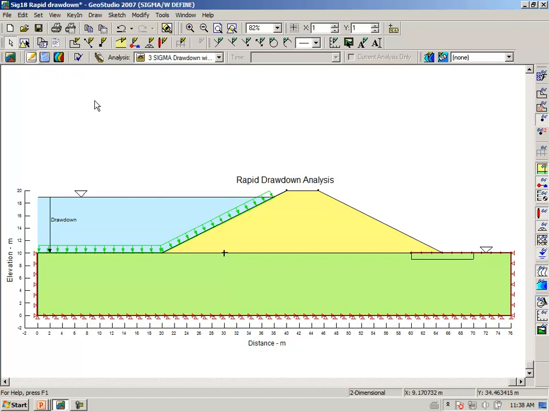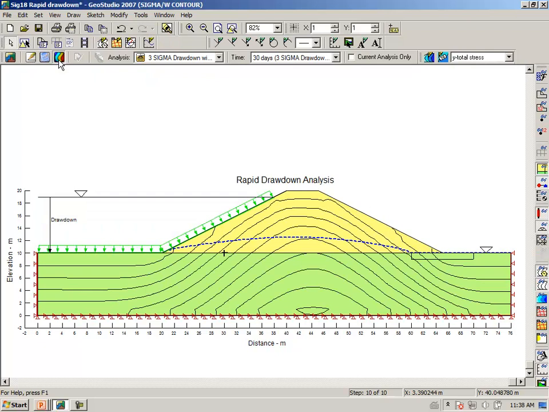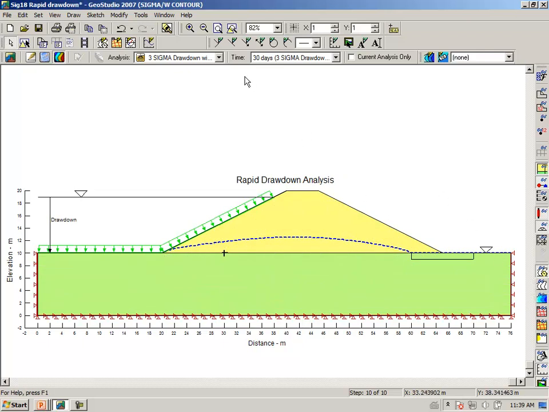We can click on Solve if the problem does not contain the solution. In my case here, I already have the solution, and we can now begin to take a look at the results. I'm going to turn off my contours, and going now to time 0. This was the starting case, and now we are drawing the reservoir down. This is after 1/2 day.